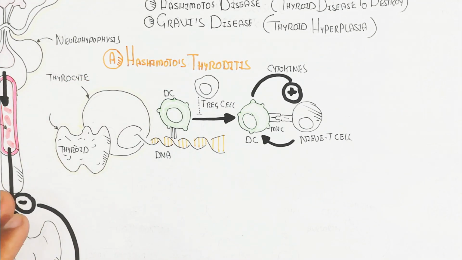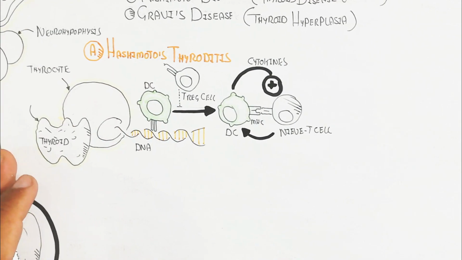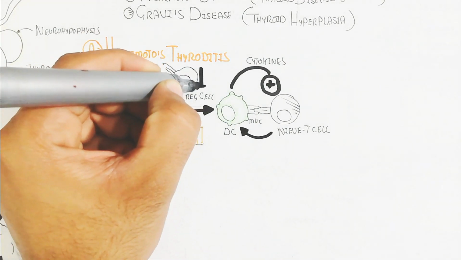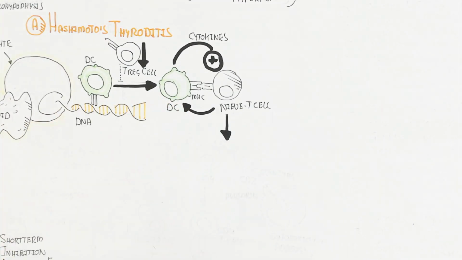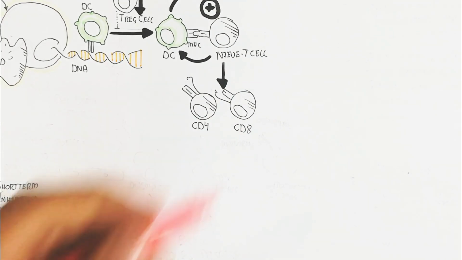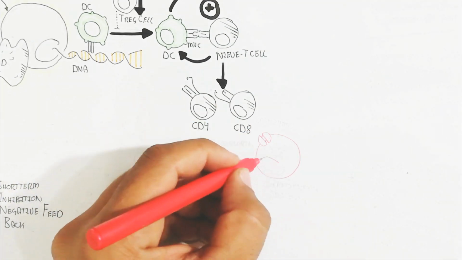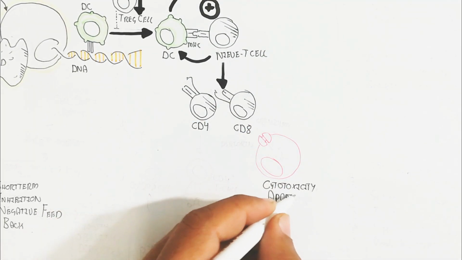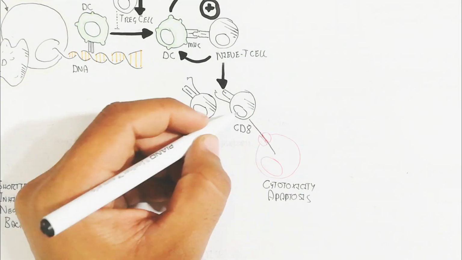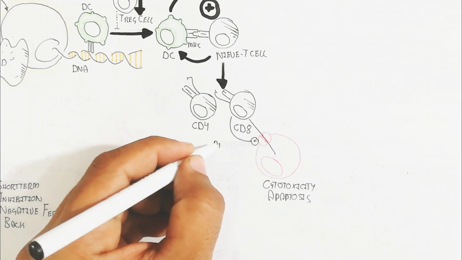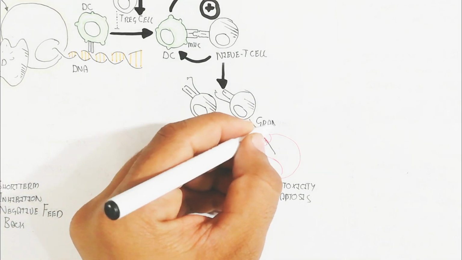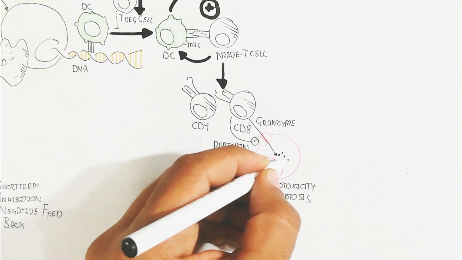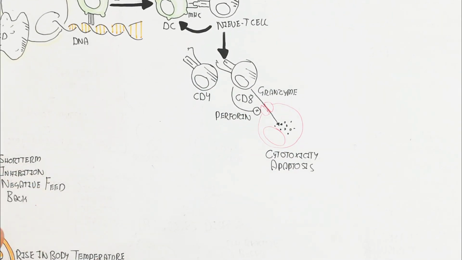But the T regulatory cell, which is responsible for inhibition, will not work efficiently because of a DNA mutation. The naive T cell will proliferate after recognition of the thyrocyte autoantigen, and will proliferate into CD8 and CD4.